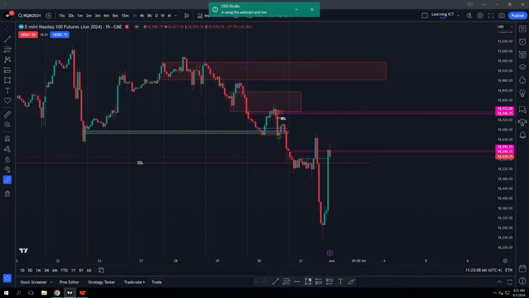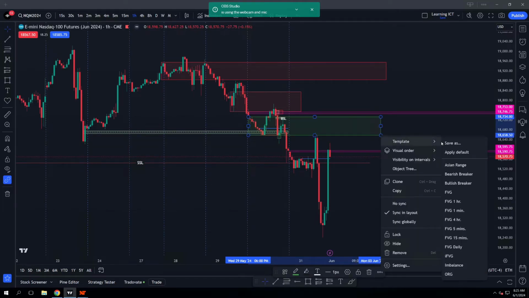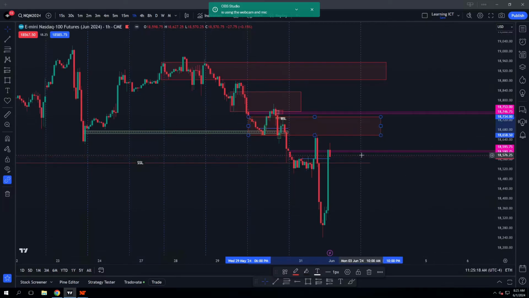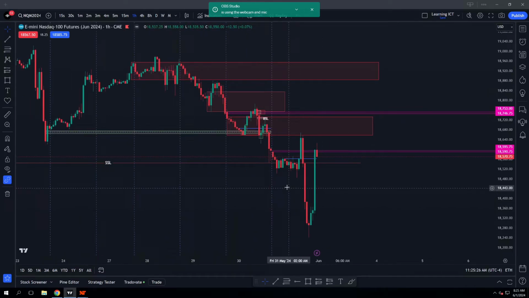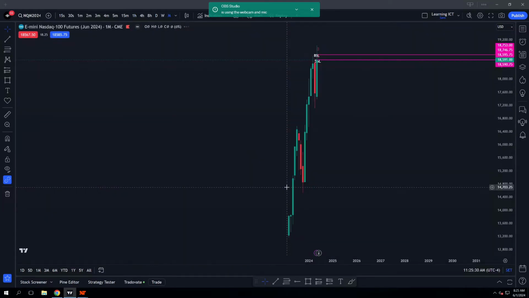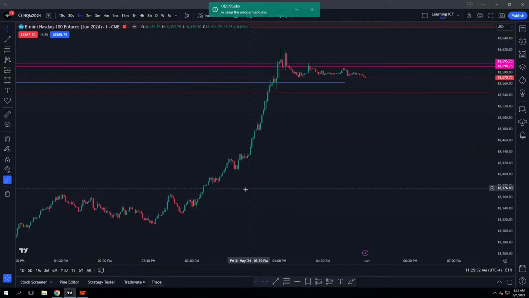This right here is a breaker, bearish breaker. So that's why at 8 a.m. it bounced right there and then went down. But we're not talking about that. We're talking about the trade that I took. So let's go to a one minute chart.